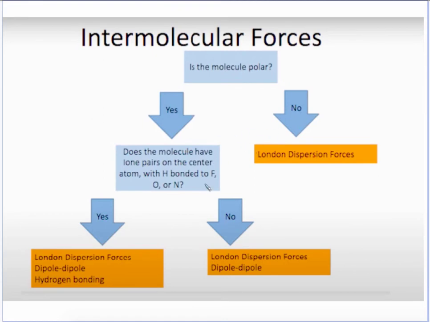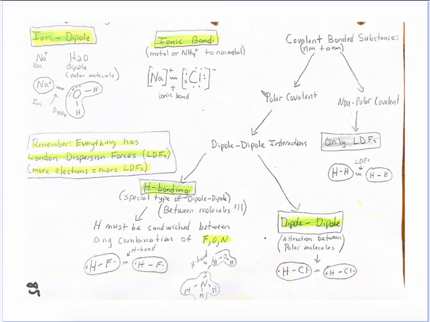And so you can follow this flow chart right here. So it's either polar or nonpolar, okay? And so I'm going to go back to the sheet that I drew out. So if you have a covalently bonded substance, that's like a nonmetal to a nonmetal, okay?